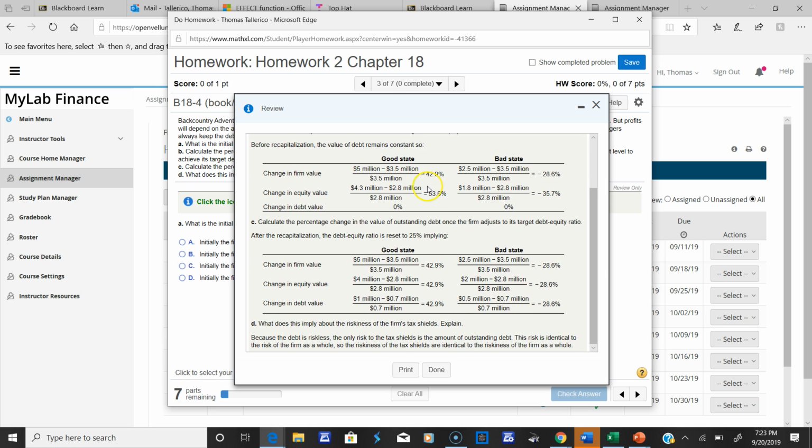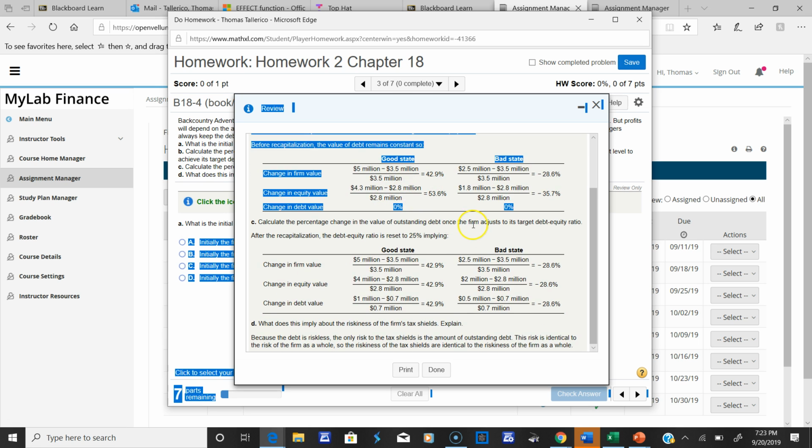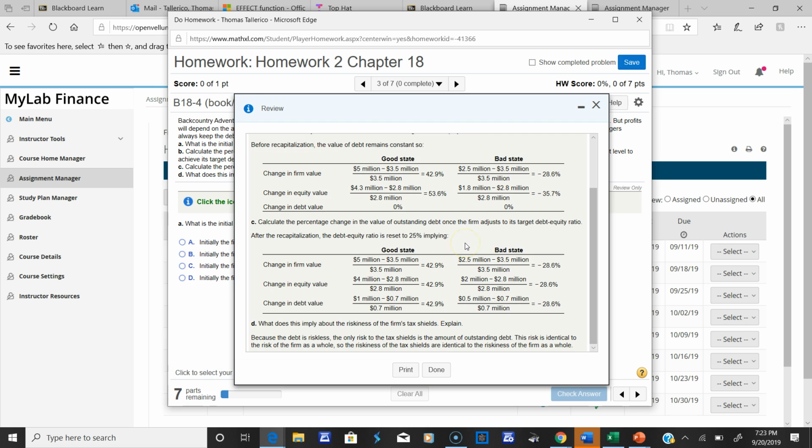Now calculate the percent change in the value of outstanding debt once the firm adjusts to its target debt equity ratio. After the recapitalization, the debt equity ratio is going to be reset to 25%. So what does that imply here? In a good state, you have 5 million, and the company value doesn't change. You see the company value not changing here or here? So that doesn't vary.